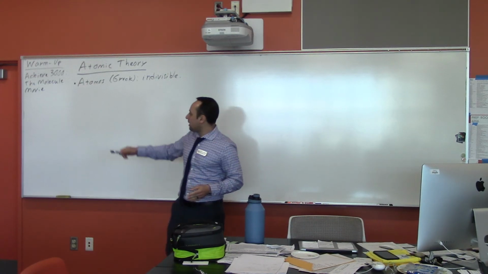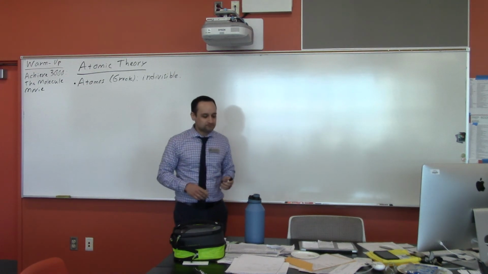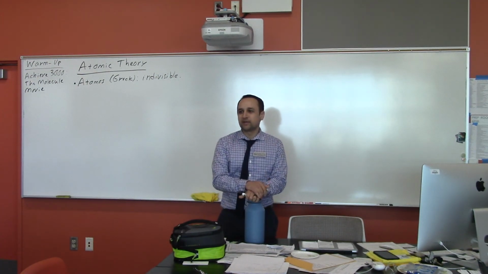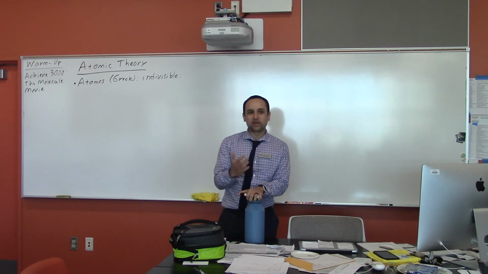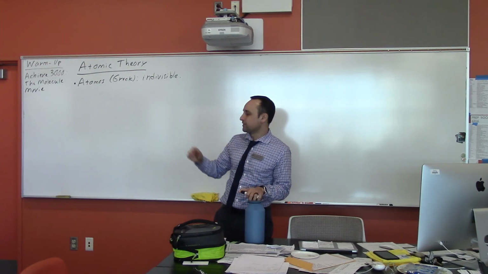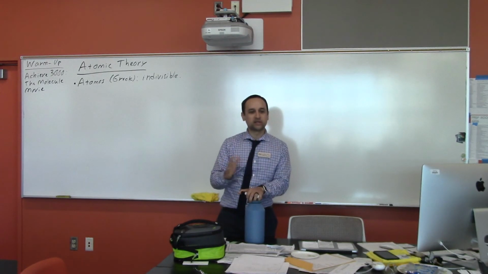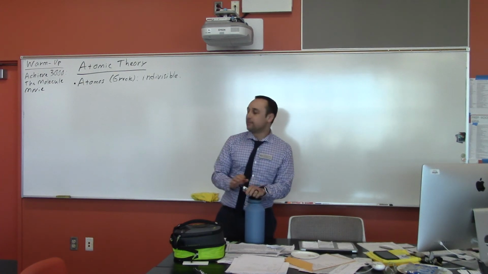And we'll come back to this theory because it's not necessarily a theory that you would only apply to atoms, right? You could apply this to other chemical entities too. This theory of indivisible without losing its identity.